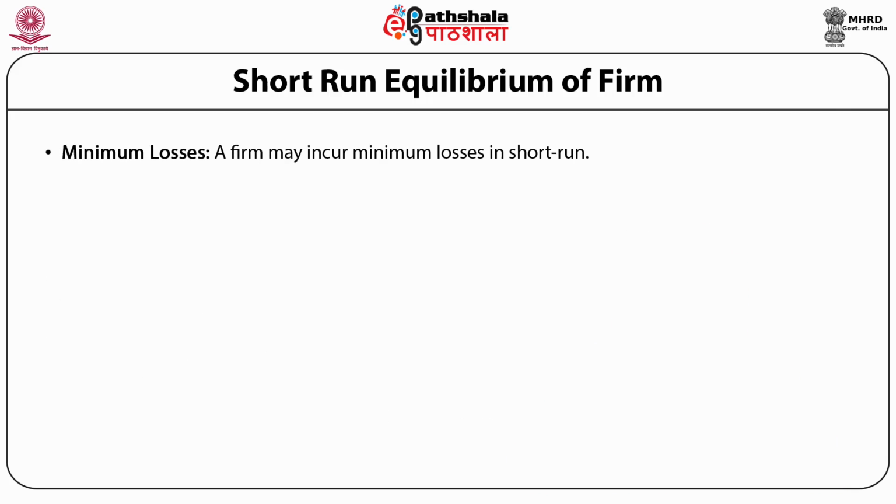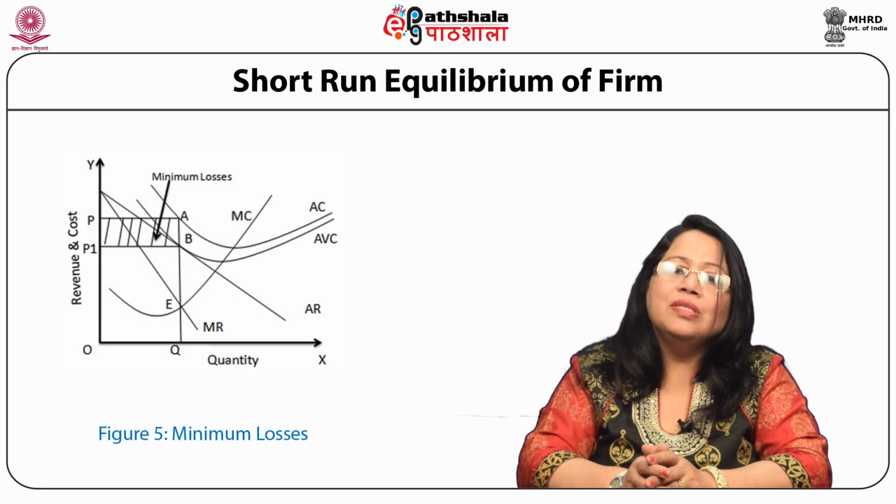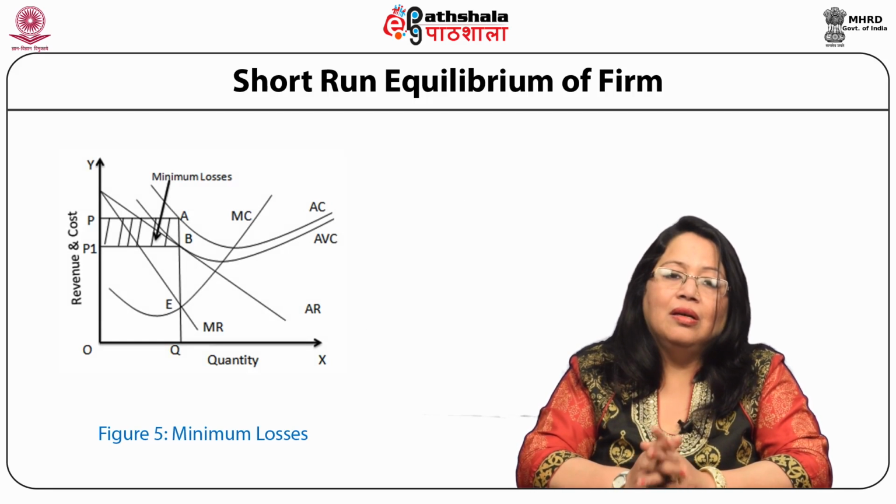Minimum losses. A firm may incur minimum losses in the short run. It is a situation when average cost is greater than average revenue, but the firm covers its average variable cost. AC is greater than AR, AVC is less than or equal to AR. Figure 5 shows the minimum losses.